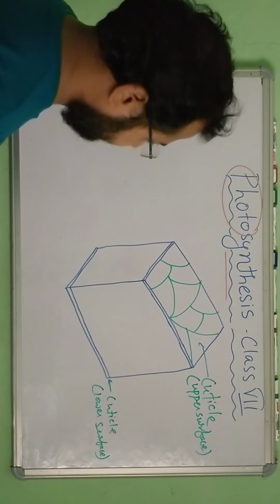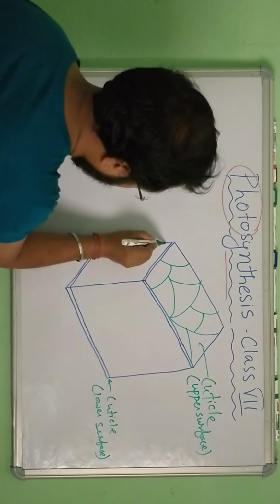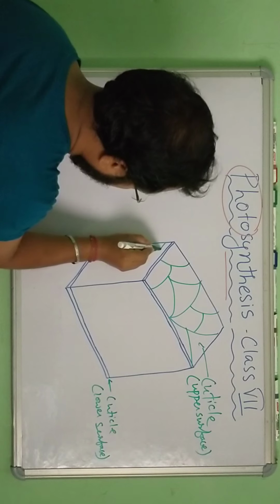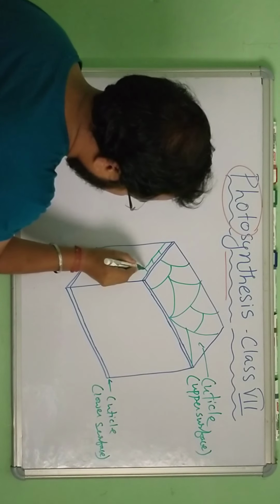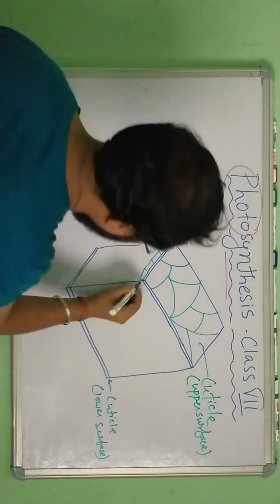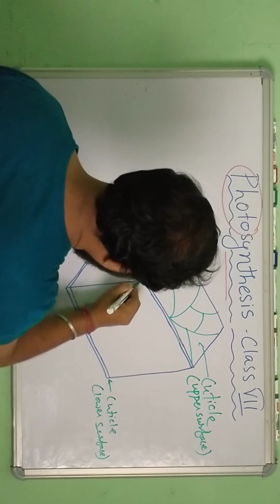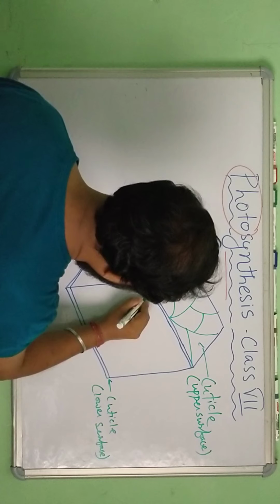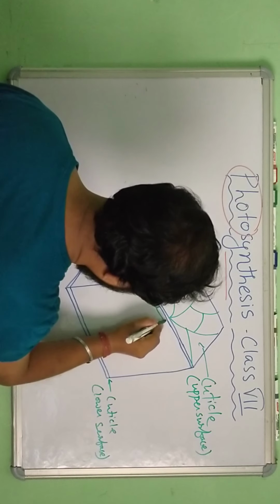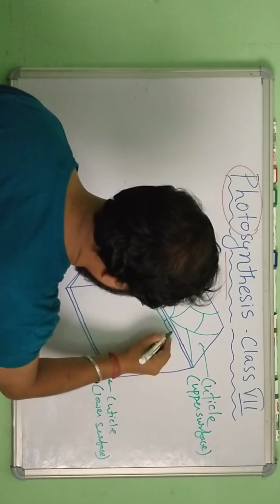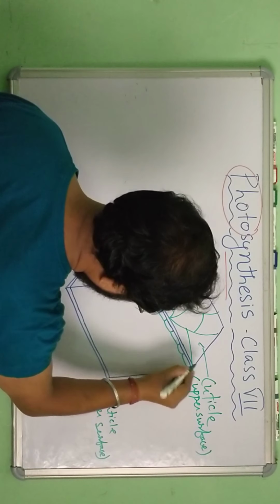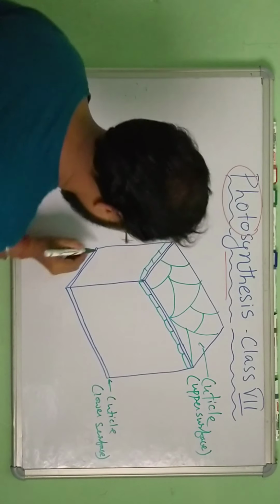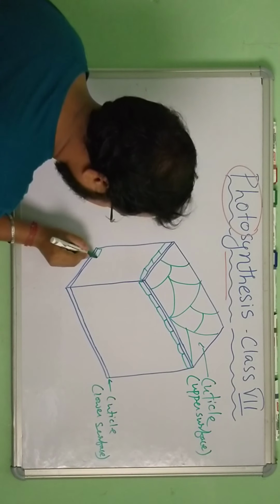Now the next layer, which is also present on both the surfaces of the leaf, at the upper surface and also at the lower surface. The same is also present here.